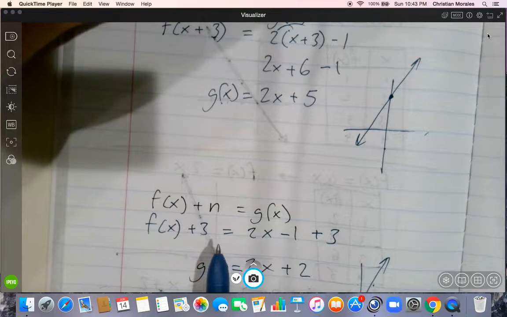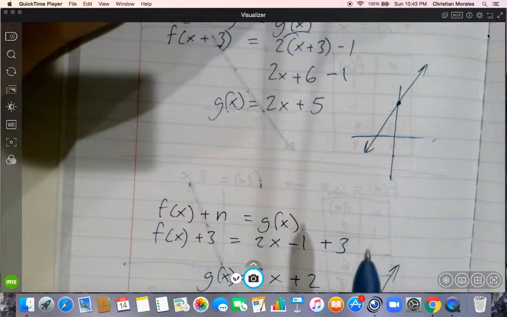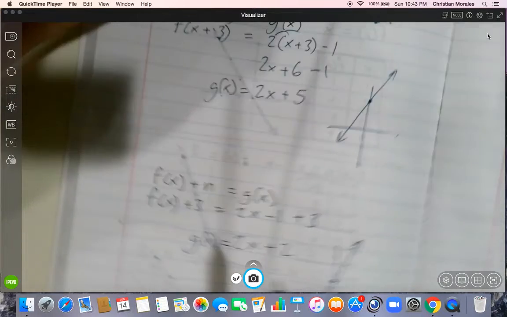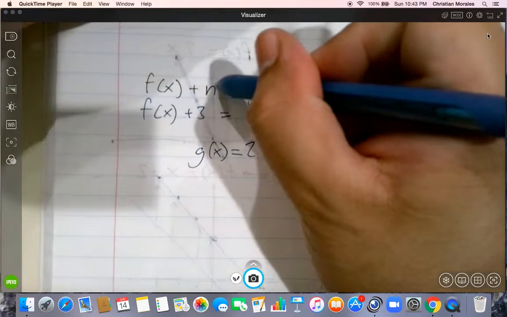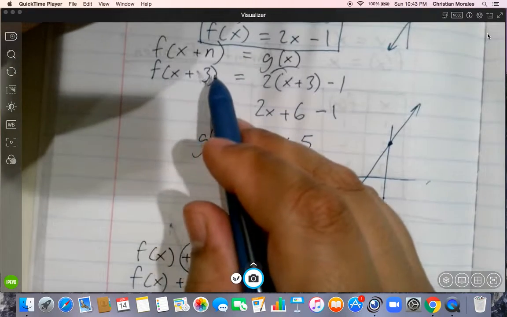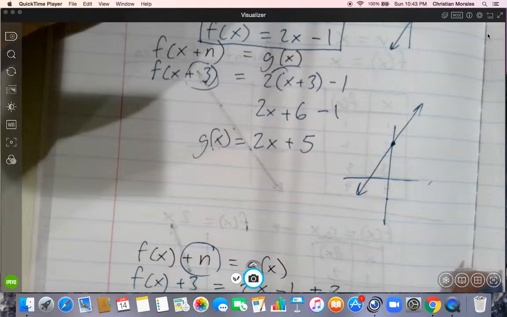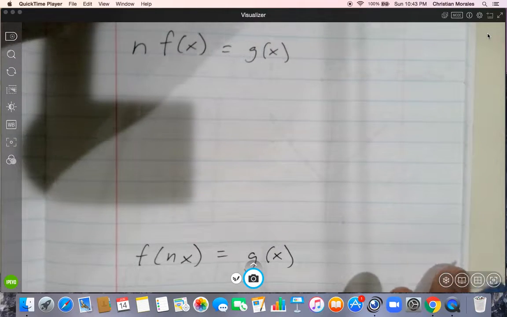So just be very careful. It shifts it, okay, but it doesn't shift it the same way. This one, when they're adding a number here at the end, this is moving it up or down. When they're moving it inside, right here, this is actually moving it left and right. I know it's weird. Okay, last couple things.